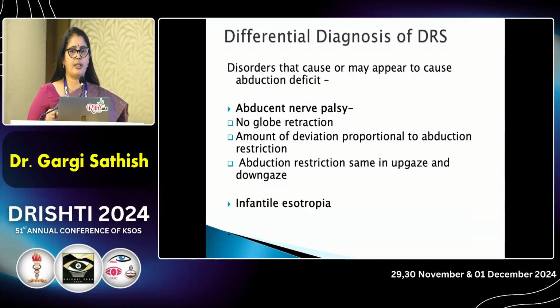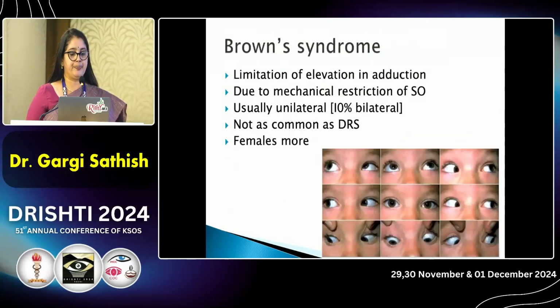So that globe retraction is very classic, and the amount of deviation in the primary position is going to be proportional to the abduction restriction. In Duane, the abduction restriction is very great, but in primary it may remain ortho. Similarly, in infantile ESO, you have to somehow see that the eye is abducting and rule out Duane and abducent palsy. So the DDs are very important.